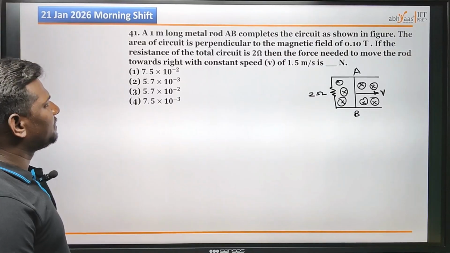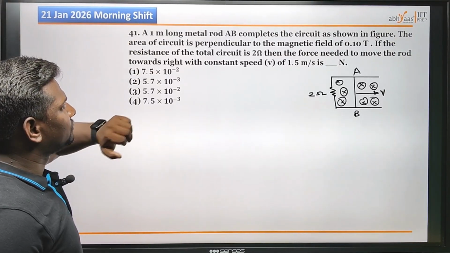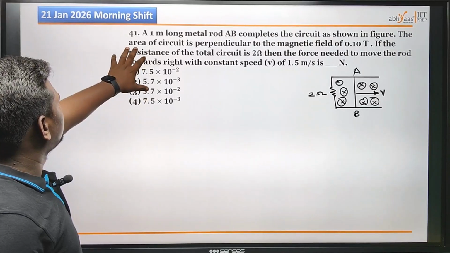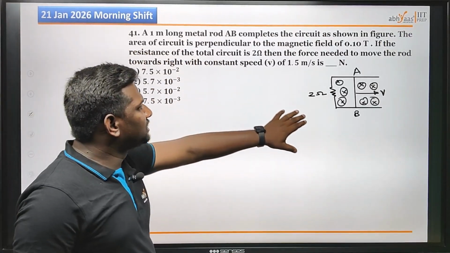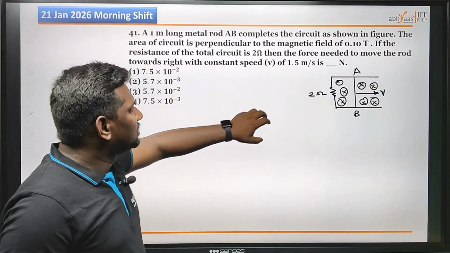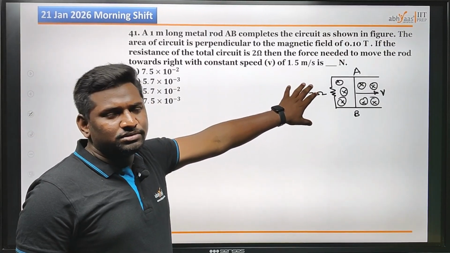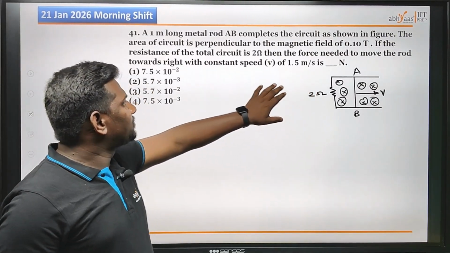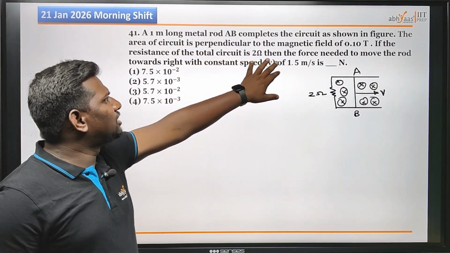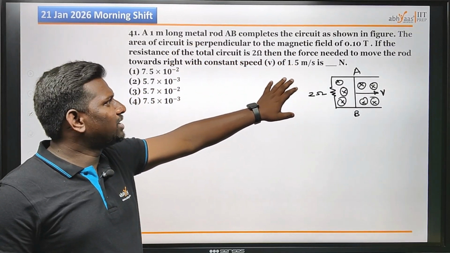So next one, see here, they have given one beautiful expression and a beautiful application here. So this is a 1 meter long rod. It is connected with a resistor of 2 ohm as shown in the figure. The area of the circuit is perpendicular to the magnetic field of 0.1 Tesla.